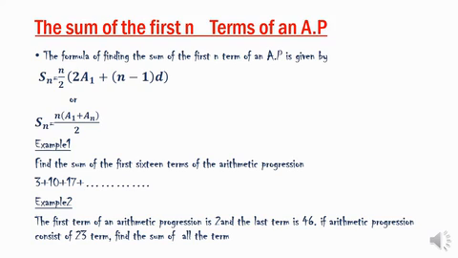So if our arithmetic progression, sometimes called a series, consists of 23 terms, it means from the first term up to the 23rd term, find the sum of all the terms. Tafute sum ya termu zote. Kwa hiyo termu ya kwanza hadi ya 23 na termu ya mwisho ya 23 thamani yake ni 46. Kwa hiyo tafute hiyo series.